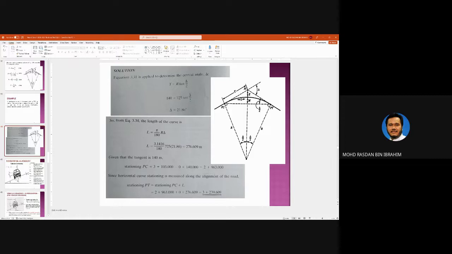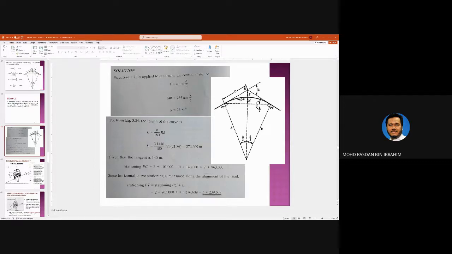So this 2 plus 963 plus L, which is 276.609. You get the value here, 3 plus 239.609. That's all.